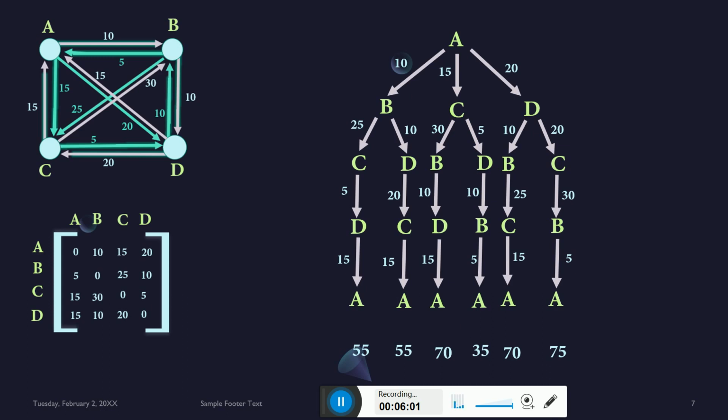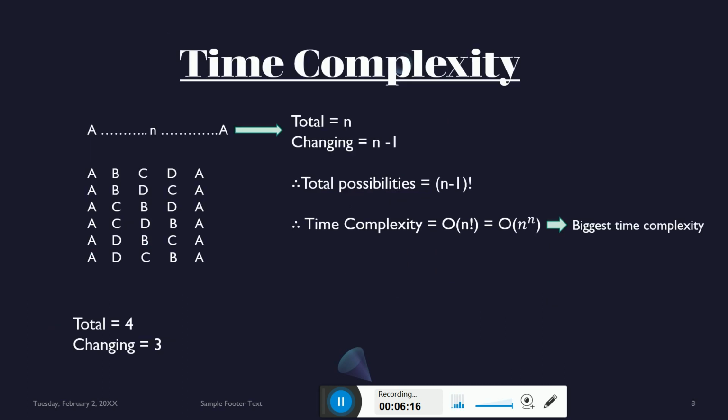So we can get a best way if we don't use the greedy approach in this case. If we use the dynamic programming approach, we will get the best possible solution in the traveling salesman algorithm. So what is the time complexity of the traveling salesman algorithm? Here you can see we considered 4 nodes.